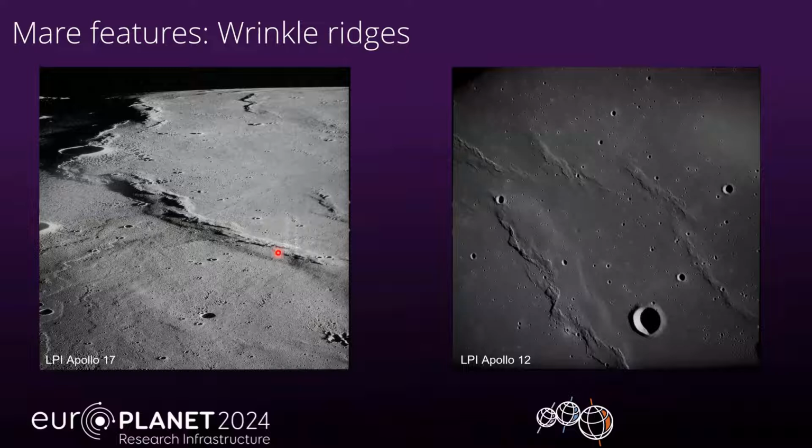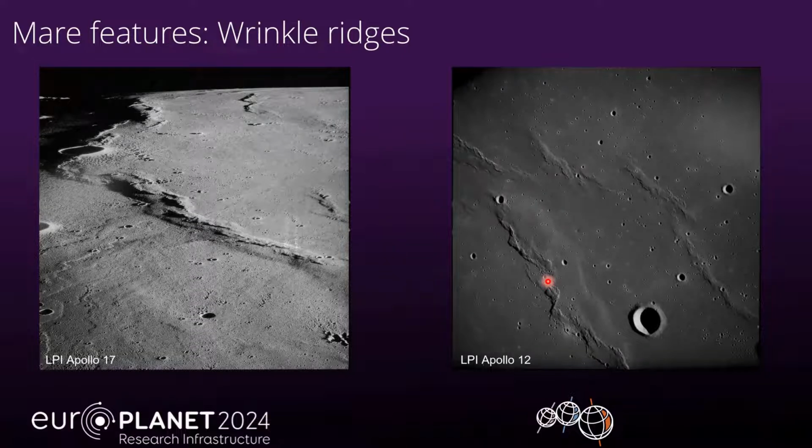You can see that these are basically thrust faults that have happened while the large basins have sort of isostatically compensated, and these mare basalts kind of slide toward the middle of the basins, and then you have a space problem, and there's thrust faulting that happens.